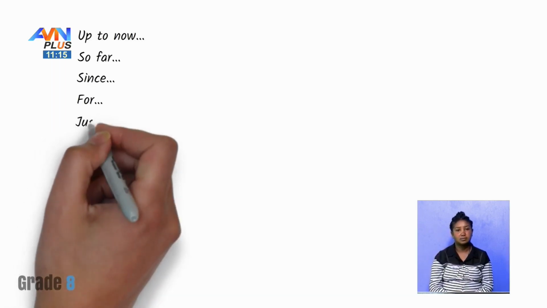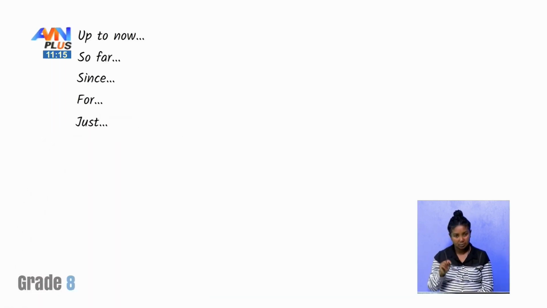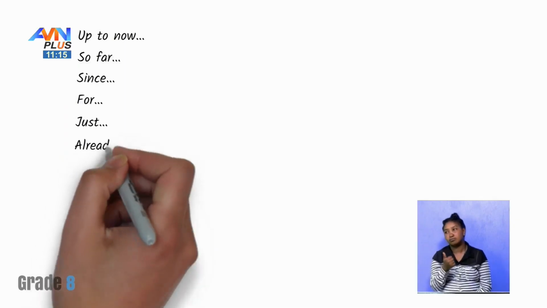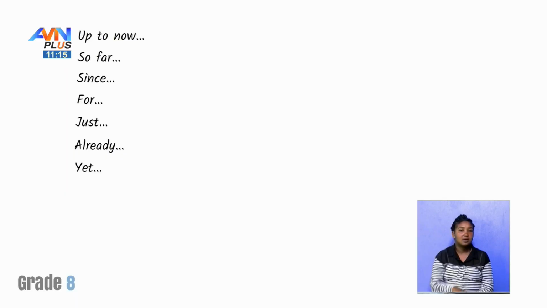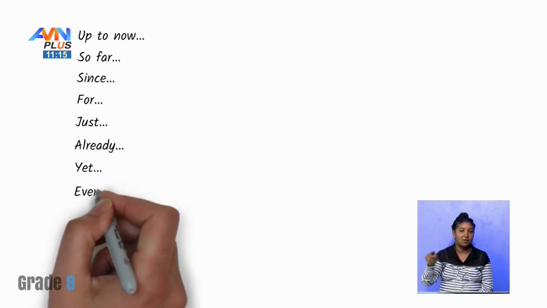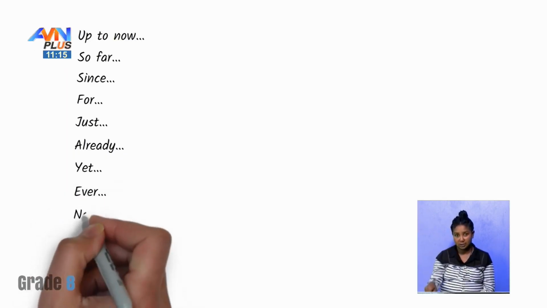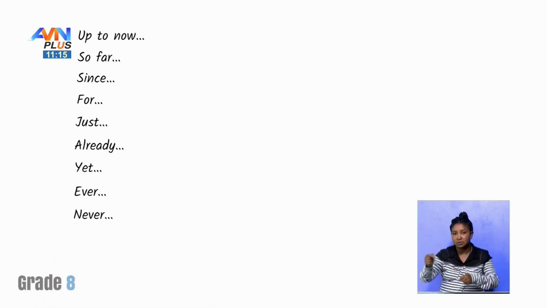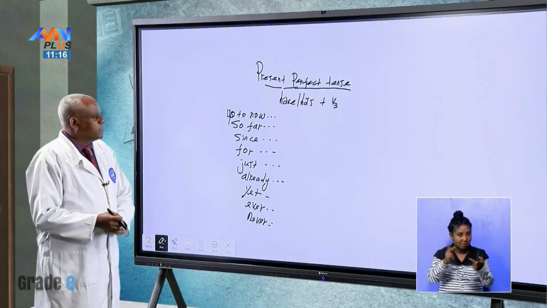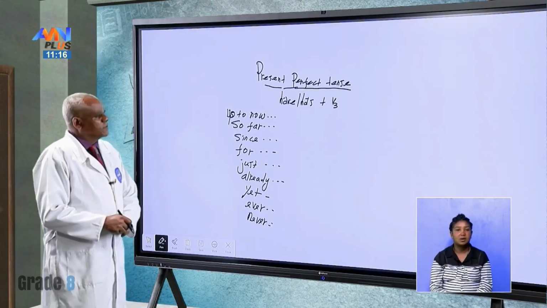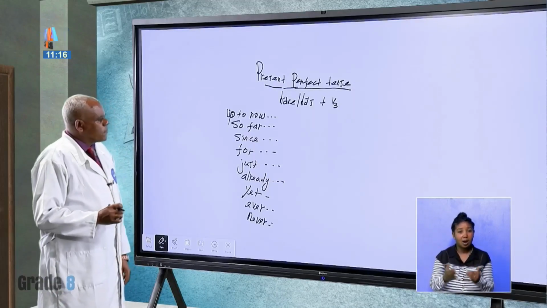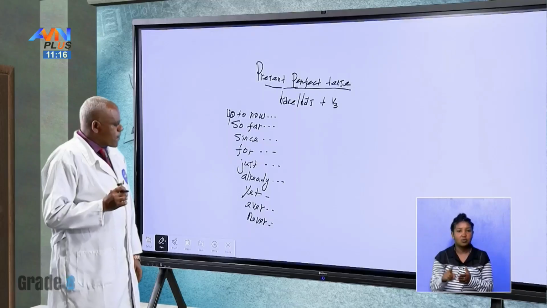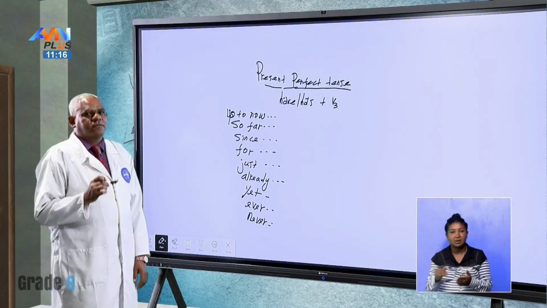And just, already, yet, ever, and never. Look, these are the possible words that you have to use while you are making the present perfect tense. I'm happy to give you some sample examples using these forms: up to now, so far, since, for, just, already, yet, ever, never. Let's go.